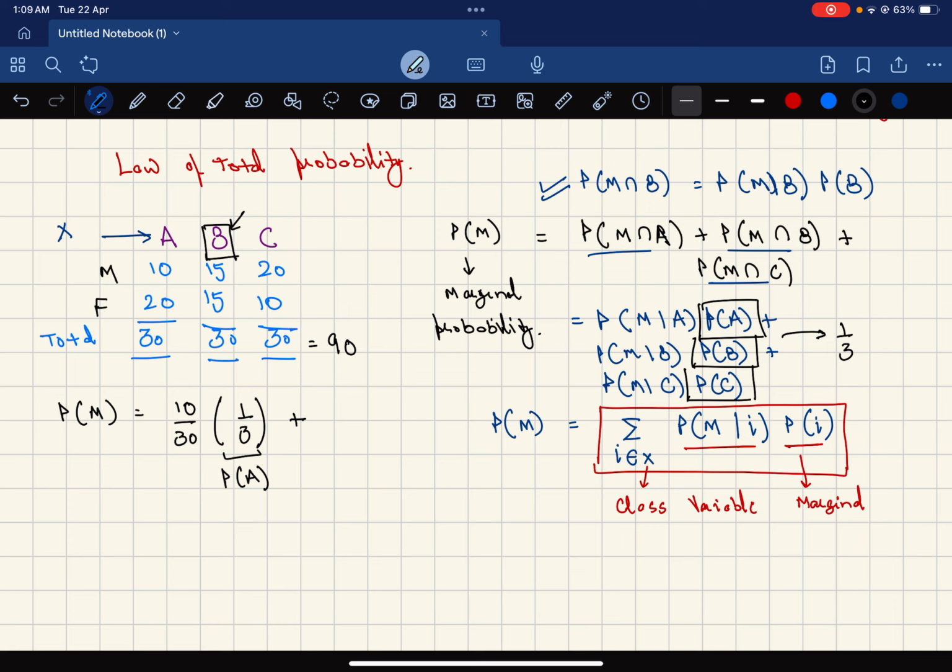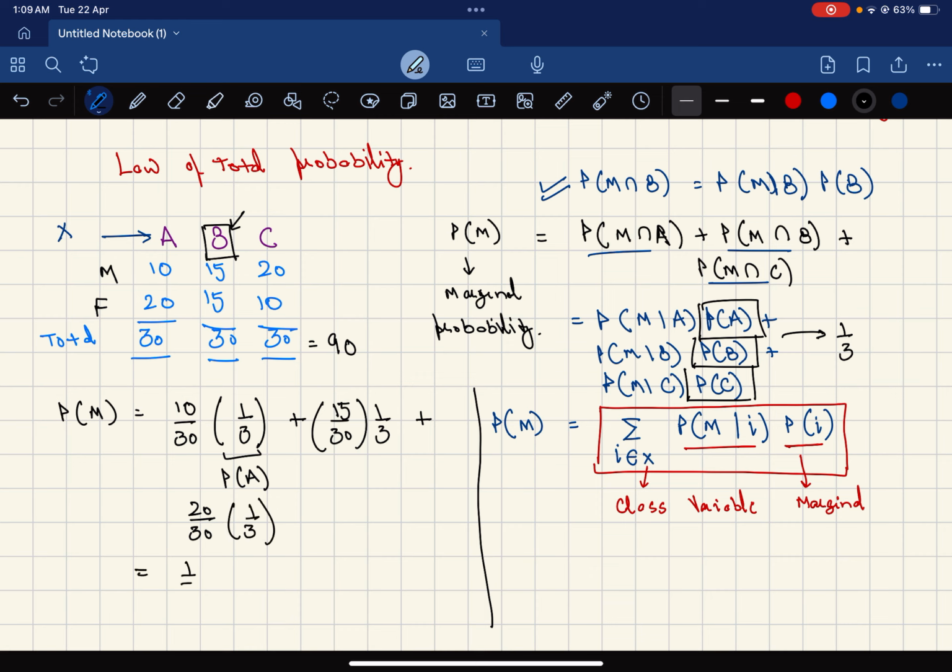Now the probability of getting a male from B is, like we have calculated before, 15 by 30. So this is again multiplied by 1 by 3, plus, to get the probability for C, we have 20 by 30, and this is again multiplied by 1 by 3.